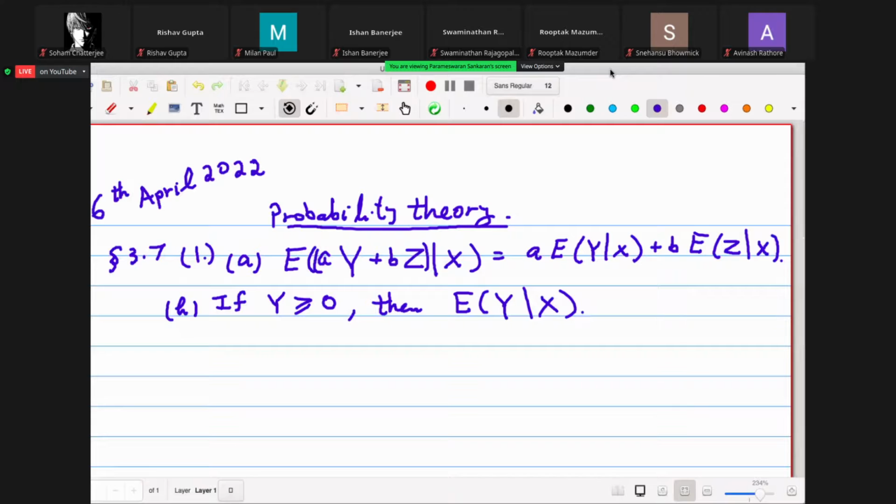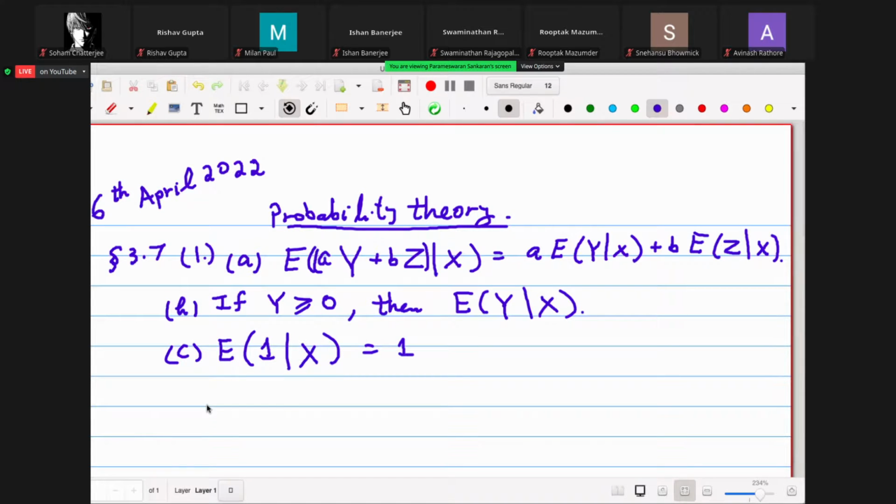And C: the expectation of 1. 1 means the constant function 1, sort of as a random variable. So it's 1 on omega, or the indicator function of omega. Anyway, this is equal to 1.